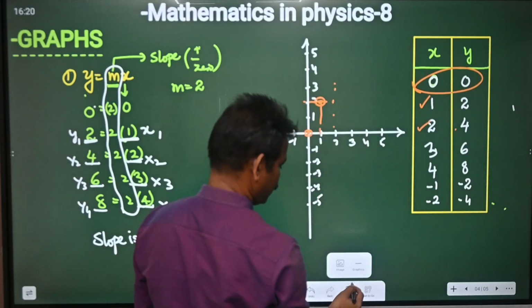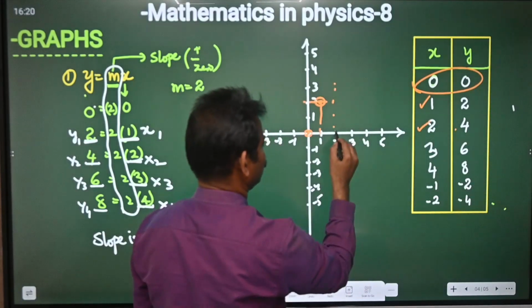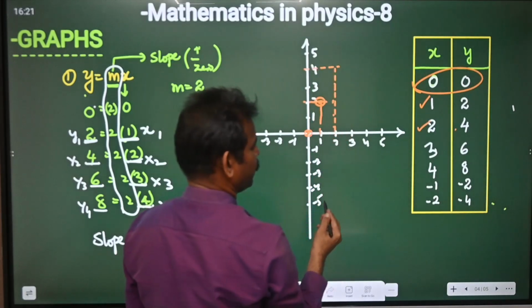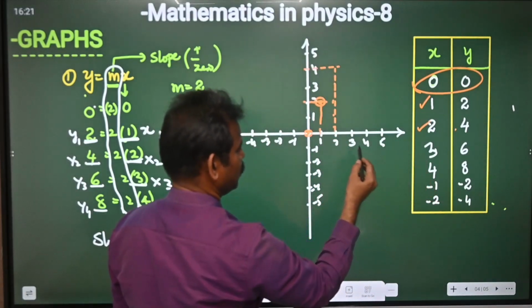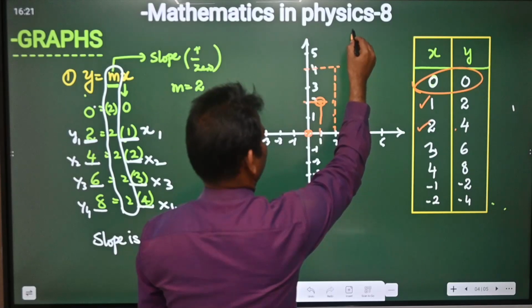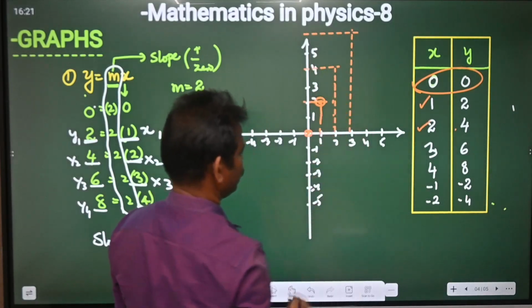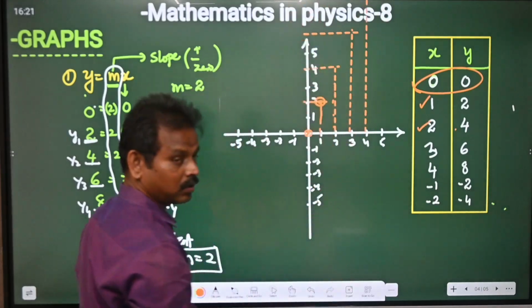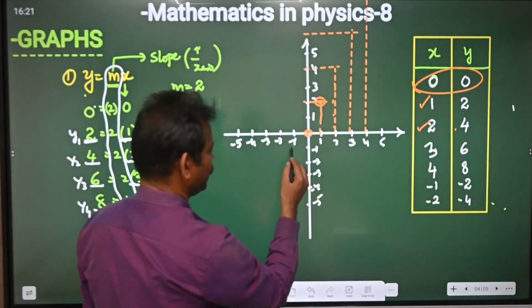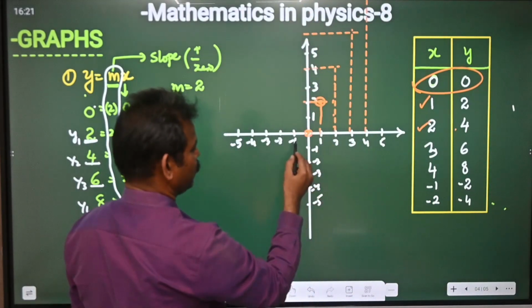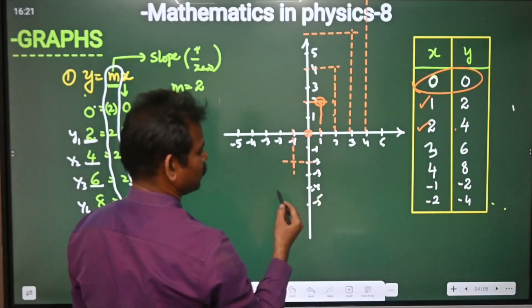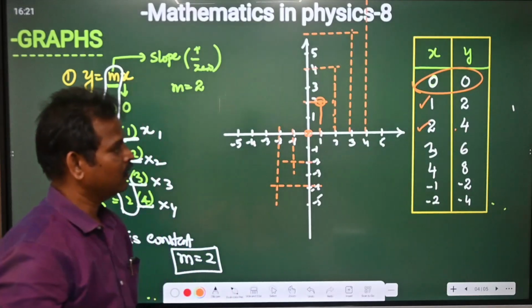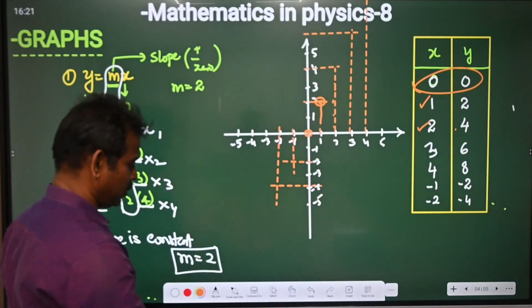Similarly, when x is equal to 3, y is equal to 6, somewhere here. When x is equal to 4, y will become 8 at the top. And x is equal to minus 1, y will be minus 2. When x is equal to minus 2, y will be minus 4. So this is the corresponding graph, students.